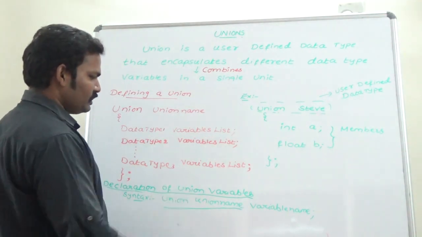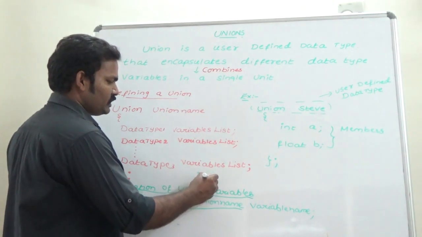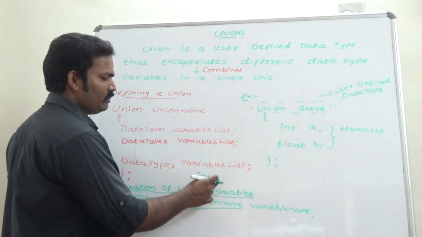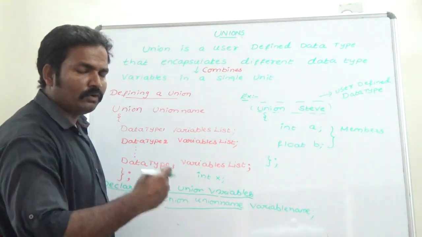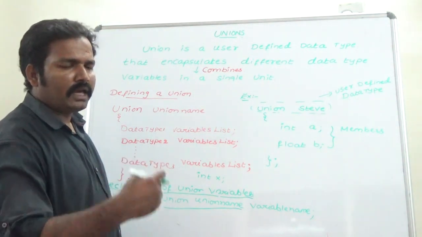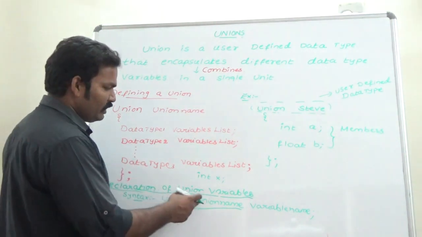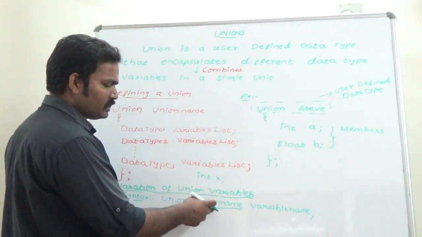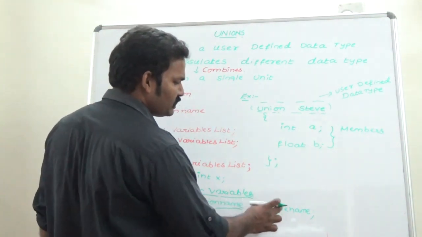Okay, right. So generally, for example int x, so x is a variable, x is declared as int type. Int is the primitive data type: int, float, double, char. Here we are using the user defined data type, union. So we have to write the union name. So this is user defined data type space variable name.